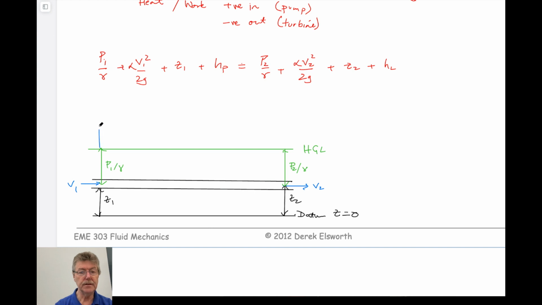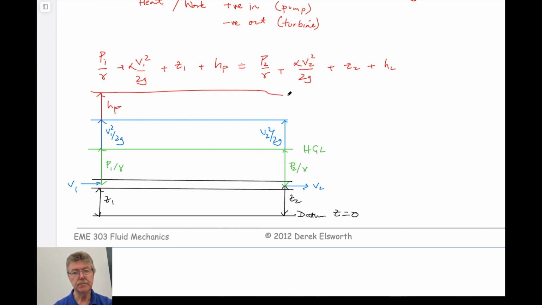We have velocity head, V1 squared over 2G and V2 squared over 2G. And we have these extra pieces here. So this is our pump head. You can imagine this being horizontal. And this is our head loss. So that's kind of pictorially what it is.